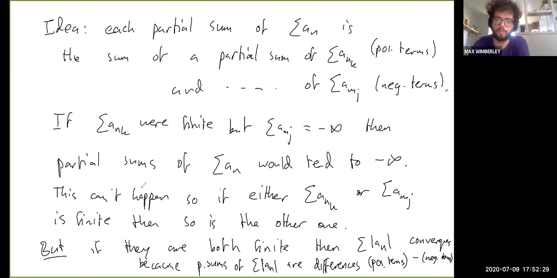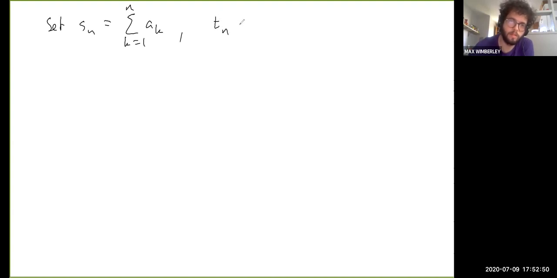But if you want to see briefly what it would look like to actually formalize this idea, here's literally what I would say. Set S_n to be the nth partial sum, the sum from k equals 1 to n of a_k. Then let T_n be the nth partial sum of a_nk, the sum from k equals 1 to n, so these are the positive terms.